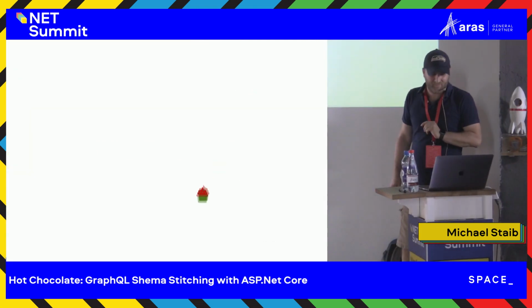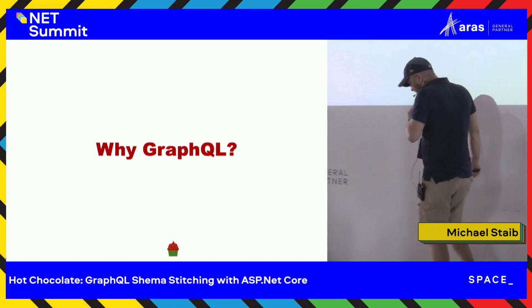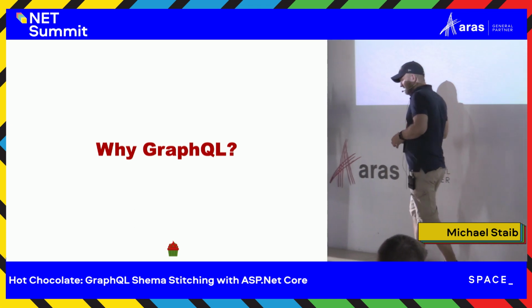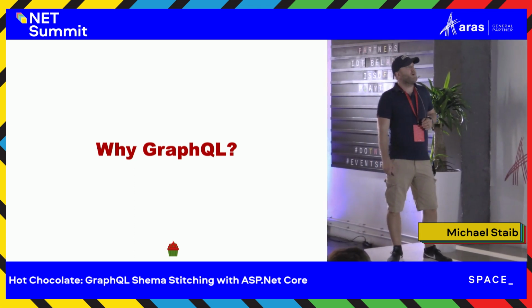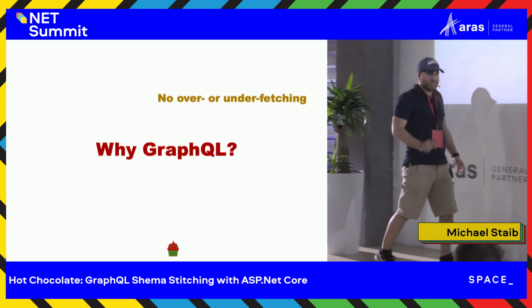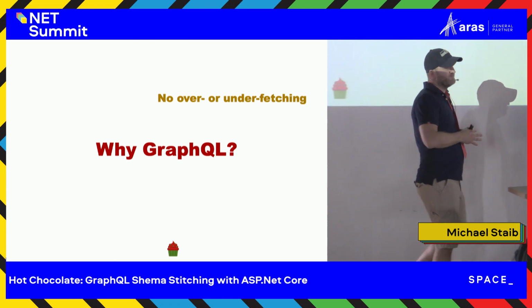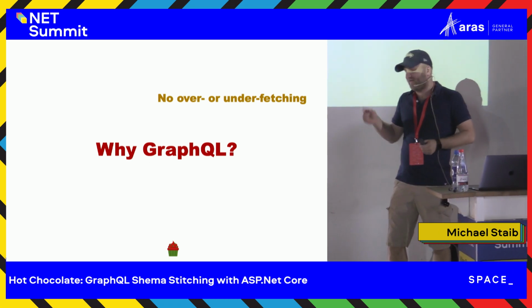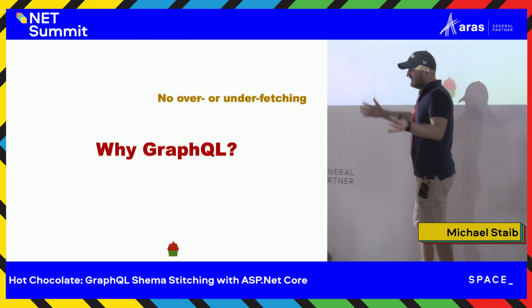So that brings us to the actual topic. Why GraphQL? GraphQL gives the power to the developer that consumes the service to ask for exactly what they want and nothing more. This avoids underfetching, where we have to fetch the data in small portions due to backend API design.